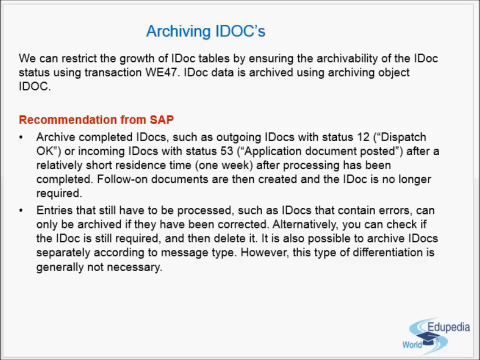You have two options: you correct the same IDOC so that it takes 12 or 53, or you create a new one for that error IDOC and delete the error IDOC.